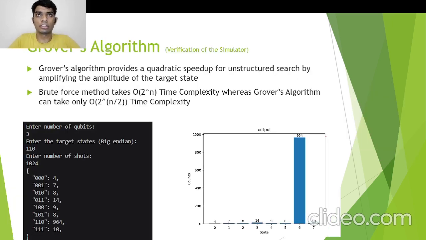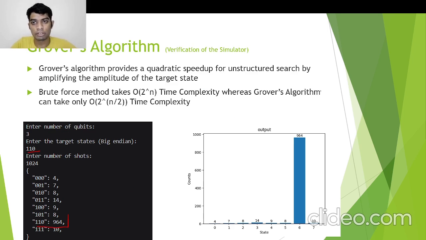For verifying the working of the simulator, I have used some known algorithms such as Grover's algorithm, which provides a quadratic speedup for unstructured search by amplifying the amplitude of the target state. For example, here the target state is 110. So the amplitude of 110 is amplified to 0.94.